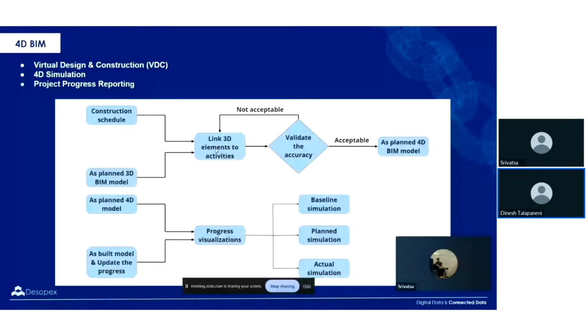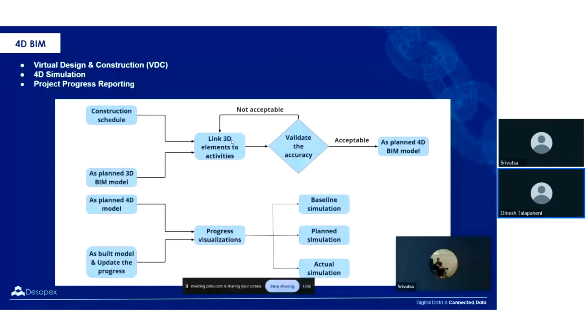And when you link both the schedule and the model, you run the simulation, validate the accuracy, and correct all the sequencing issues and other things. Once it is all acceptable, you make that a 4D BIM model. So this is the end of design development.